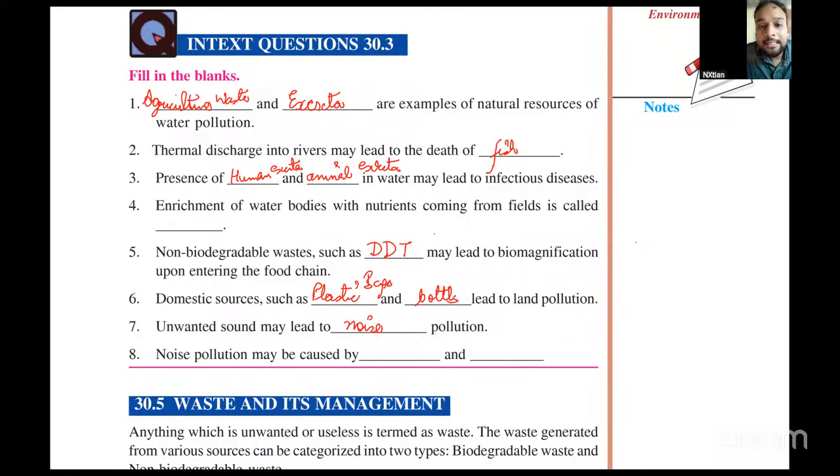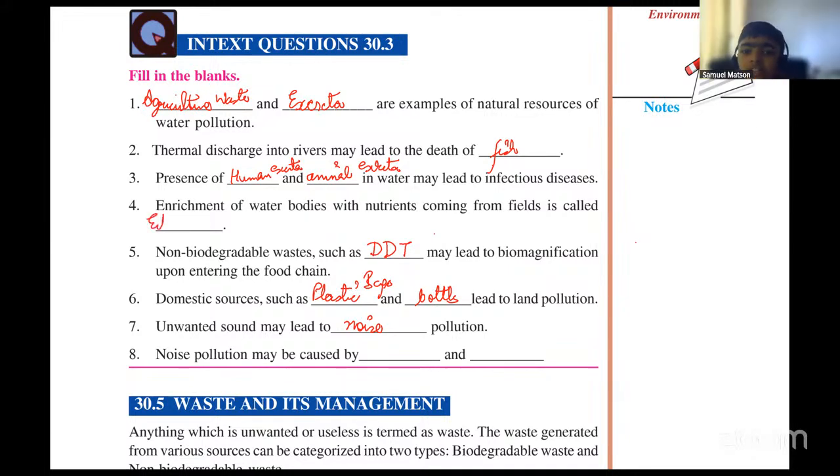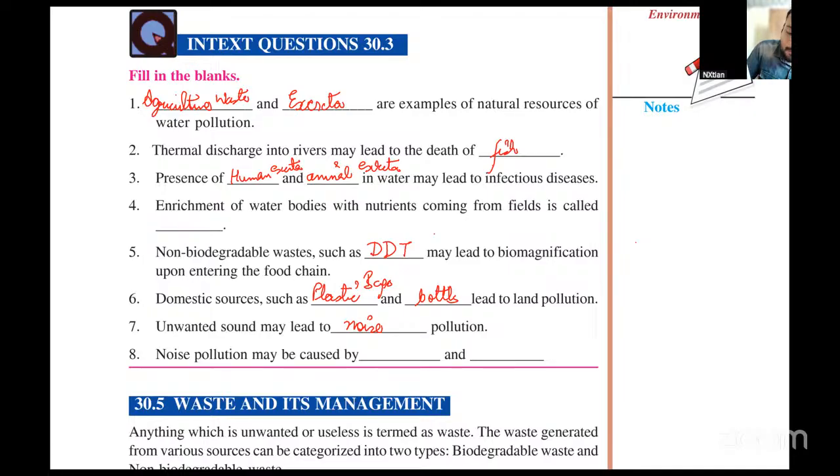We learned about the bacteria and viruses, and that it was written as excreta. So the third one: presence of human excreta causes infection.